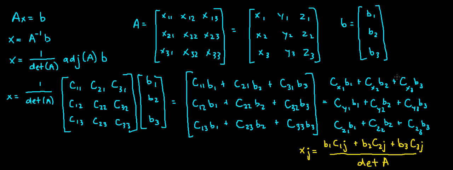So essentially it's as if the entries were b1, b2, and b3 for this first column, because the cofactors are going to be the same. The cofactor of b1 as this entry is still going to be this determinant. The cofactor for this second entry here is still going to be this determinant. So it has nothing to do with what's in this actual row, or column I should say.